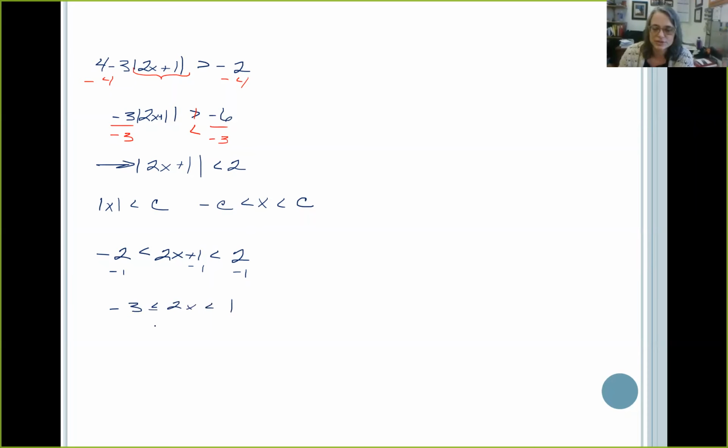Or in interval notation, we would write it's less than or equal to, and we don't swap those. Oh wait, I'm making stuff up. Those are just strictly less thans. All right, so in interval notation, we would write that as, not this.